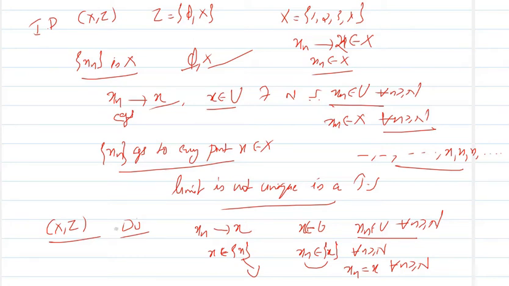So, if xn is eventually constant, then xn converges to that constant. Clear?